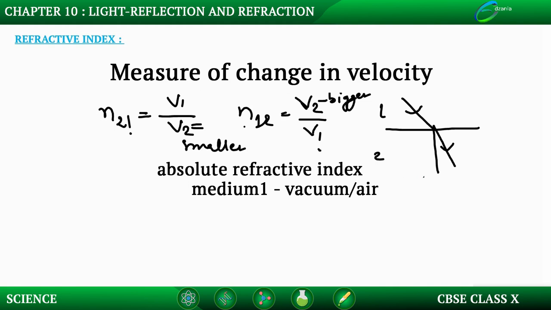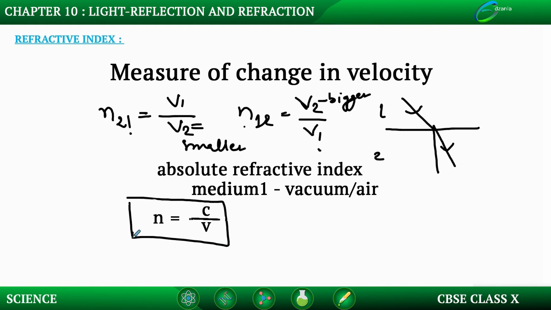So it will be called the refractive index of the material. It is C, the velocity of light in medium 1, divided by the velocity of light in the given medium. So this is the absolute refractive index of any given medium.